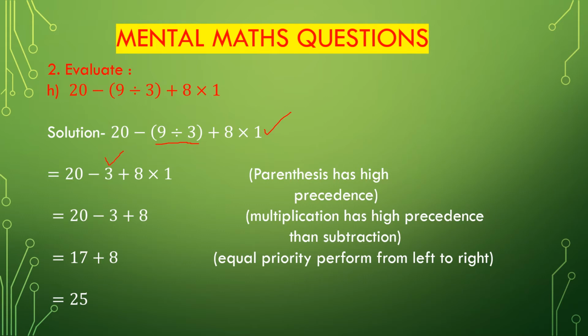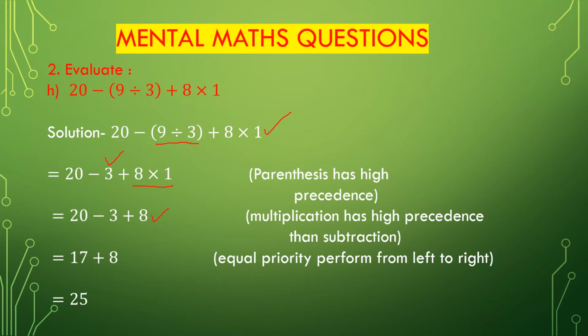So write down 20 minus 3 plus 8 multiplied by 1. We know multiplication operation has higher priority than addition and subtraction. So first multiply 8 with 1, which is 8.